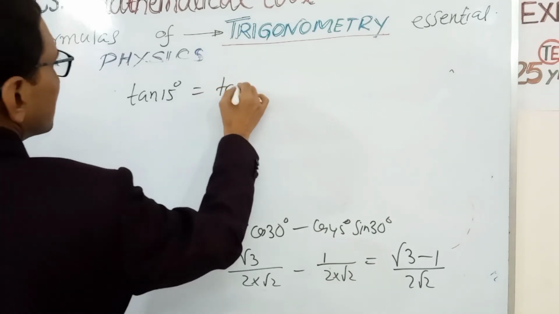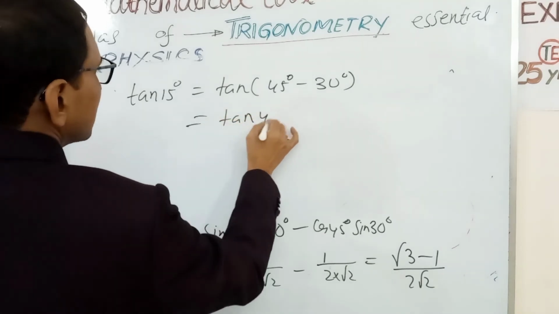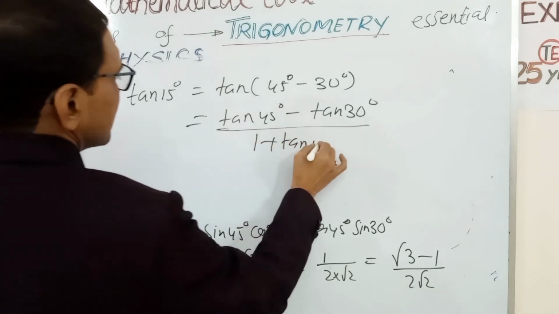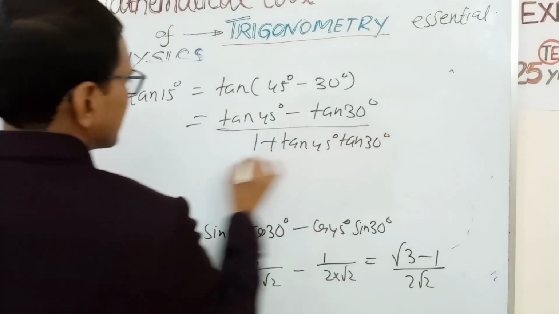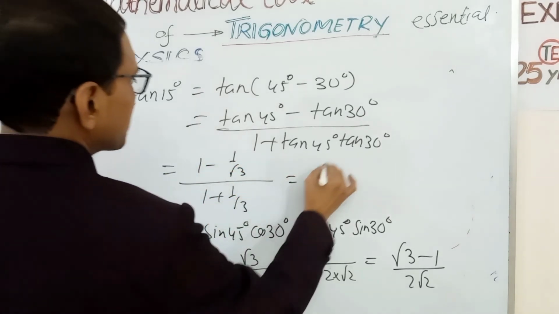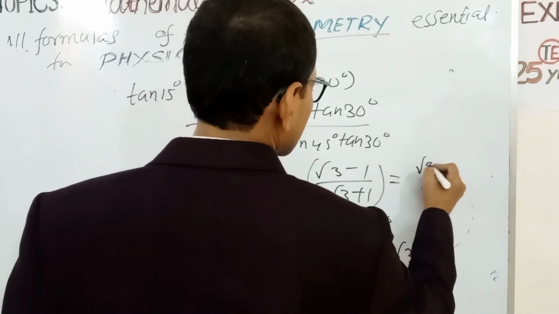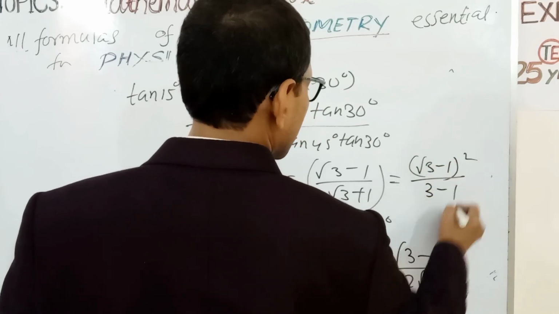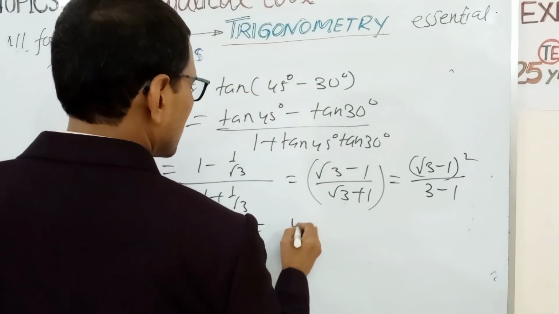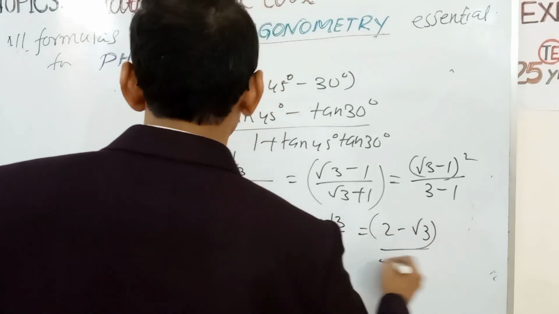Tan 15 is tan of 45 minus 30 degree, which is equal to 1 minus 1 by root 3 by 1 plus 1 by root 3. If we rationalize, root 3 minus 1 whole square by 3 minus 1, which is equal to 4 minus 2 root 3 by 2, that is 2 minus root 3. So tan 15 degree value is this.